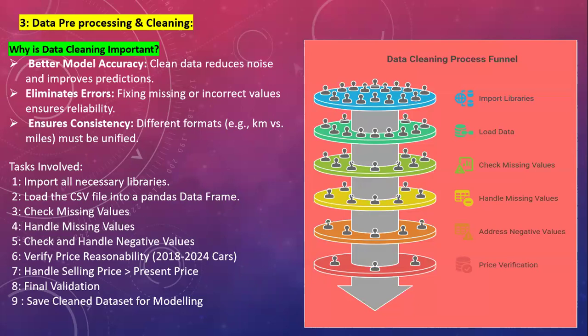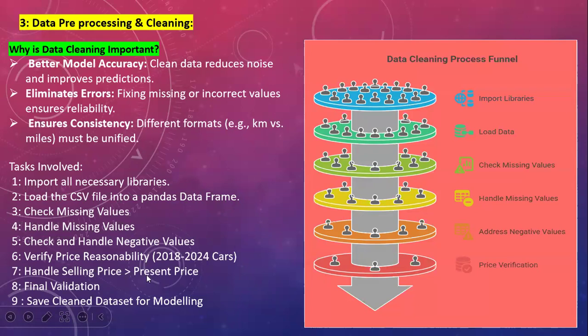Once the missing values and negative values are handled, it will verify the price reasonability of the car models between 2018 and 2024, to see whether any unrealistic prices were generated. Then it will handle any case where the selling price is greater than the present price.